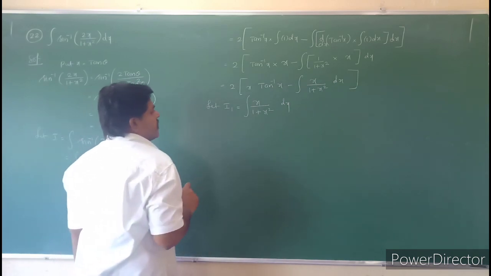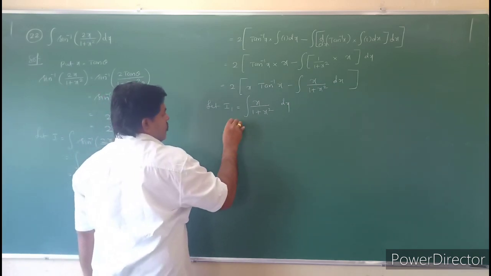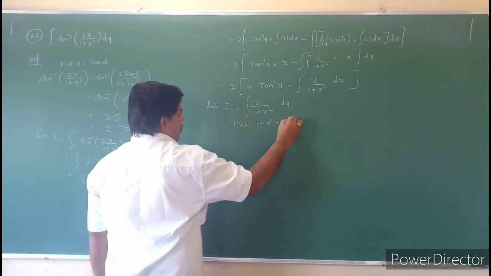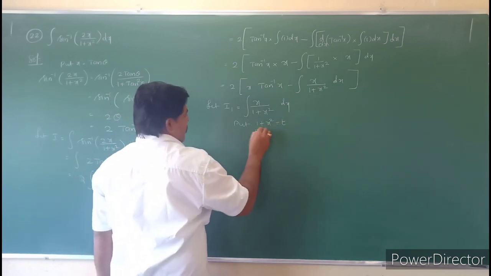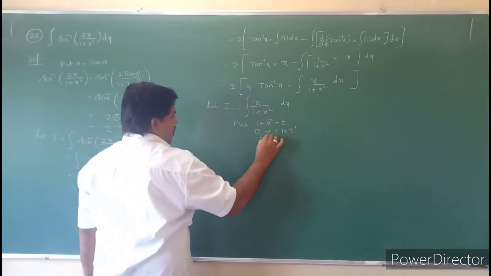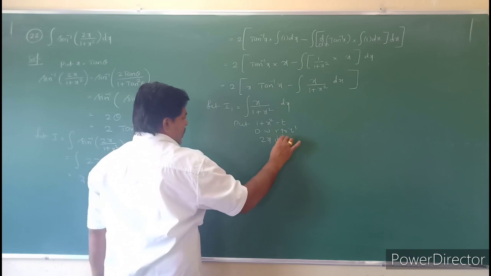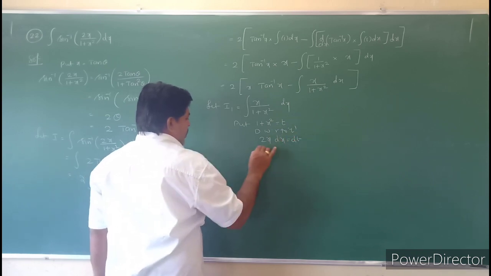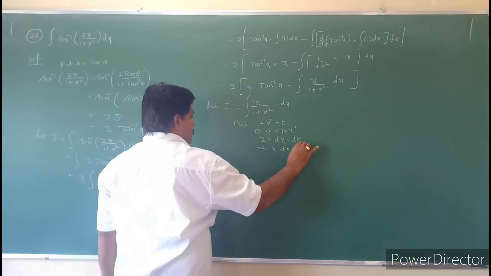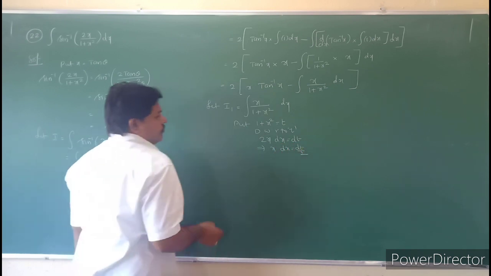Put 1 plus x square is equal to t. Differentiate with respect to t: the derivative of 1 plus x square is 2x into dx is equal to dt. So that implies x into dx will become dt by 2.